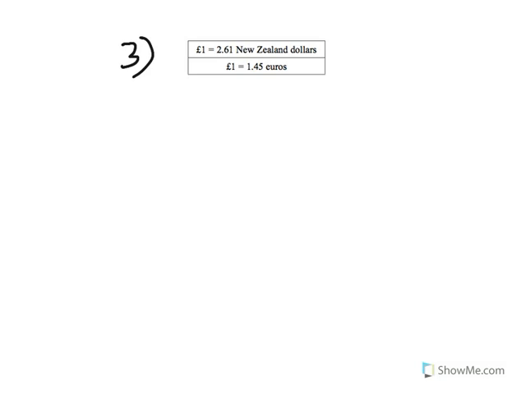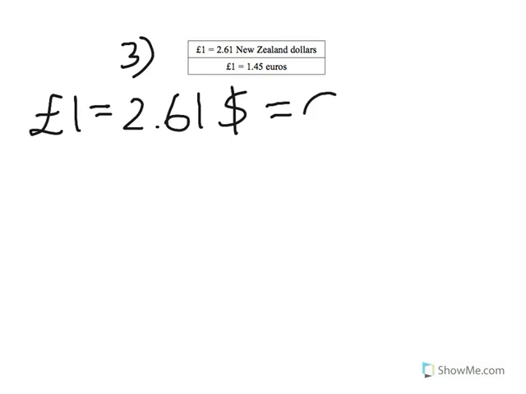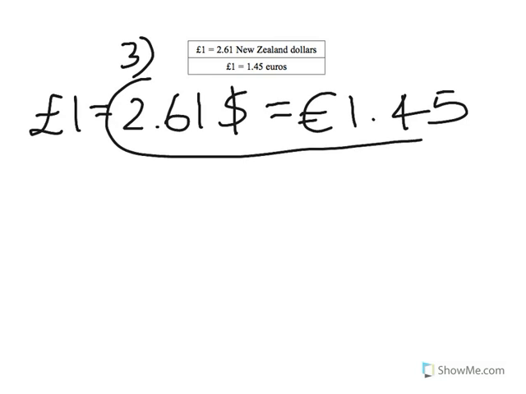Next question, 3, says that 1 pound is equal to 2.61 New Zealand dollars, and it's also equal to 1.45 euros, and they're asking you to convert 630 New Zealand dollars to euros. First of all, if 1 pound is equal to 2.61 dollars, and this 1 pound is also equal to 1.45 euros, that means 2.61 dollars and 1.45 euros are equal to each other, since they're both equal to 1 pound.